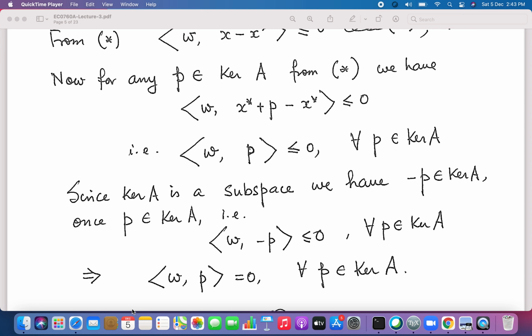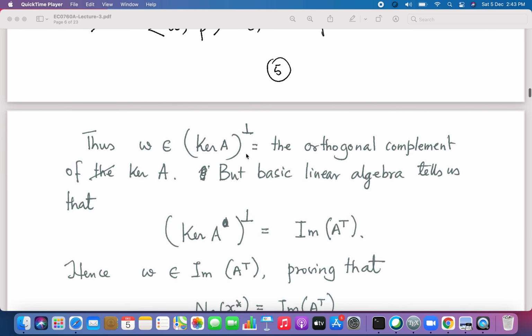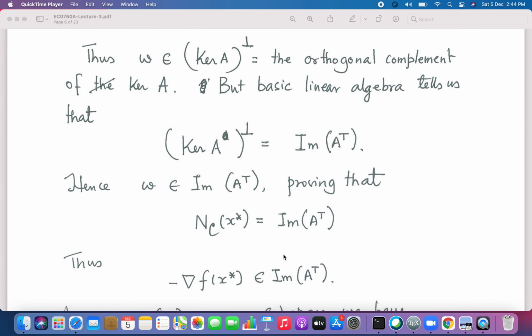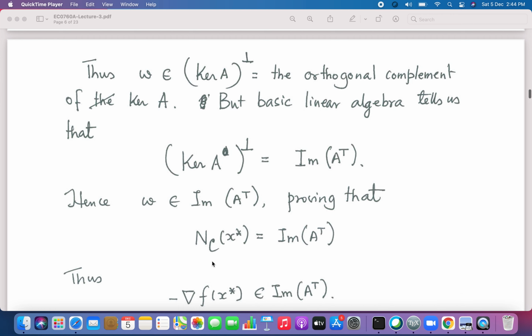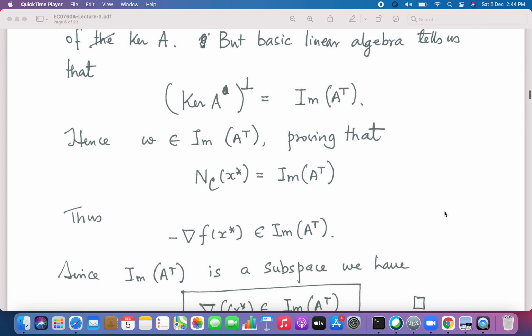So combining those two, we get the inner product of w and p is equal to 0 for every p in the kernel of A, which means that w is in the orthogonal complement of the kernel of A, and we know that the orthogonal complement of the kernel of A is the image of A transpose, and hence W is in the image of A transpose. So what did we show? We showed that N_C(x star) is a subset of the image of A transpose, and hence we proved that N_C(x star) is exactly equal to the image of A transpose.